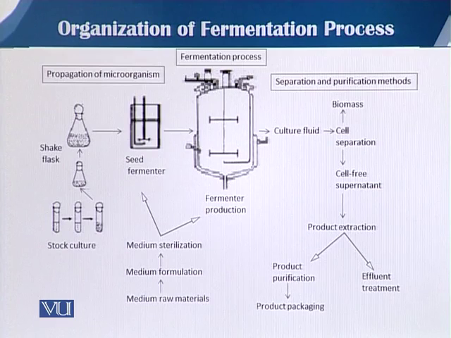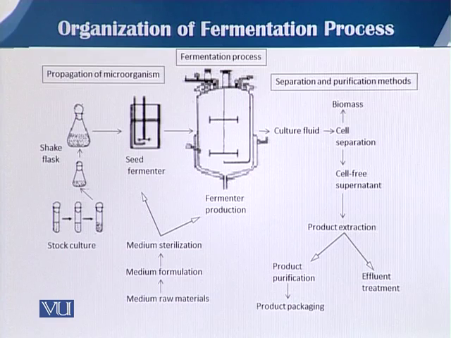Next, after a specific time period, you harvest in the form of culture fluid or fermented broth, then you separate the biomass from the other fermented broth, and then you harvest your product, and gradually you purify your product, then there is packaging and marketing, and then effluent treatment.